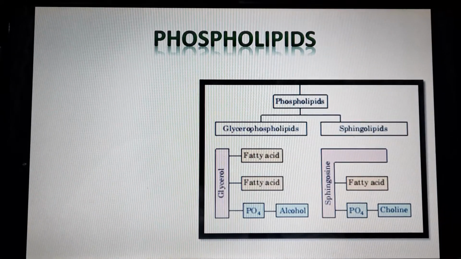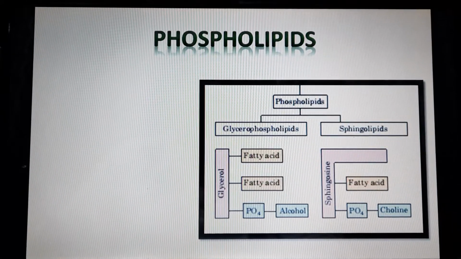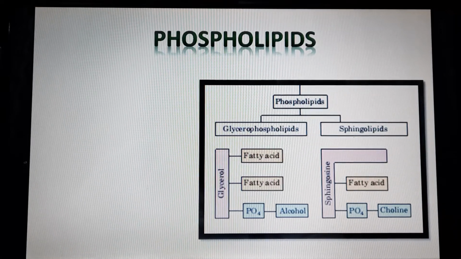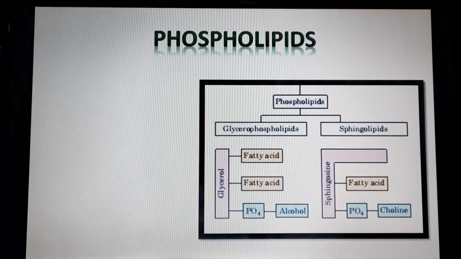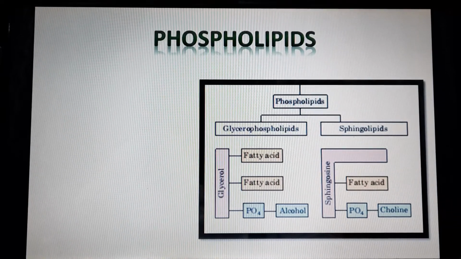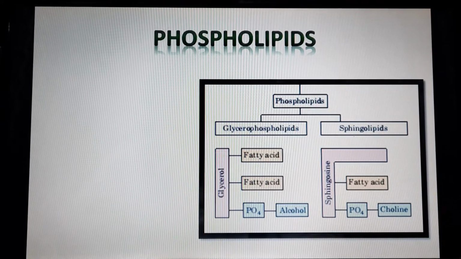Now, what are phospholipids? How can we classify them? Already we have defined that phospholipids are esters of fatty acids with alcohol along with a phosphate group present as a prosthetic group.